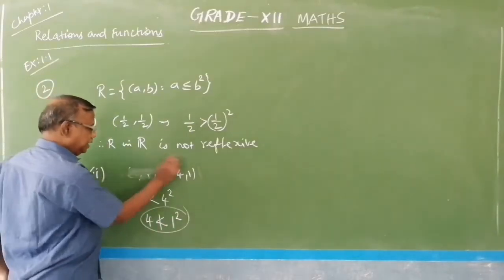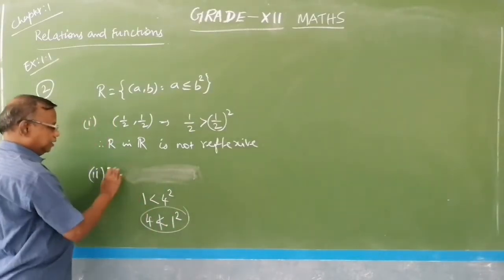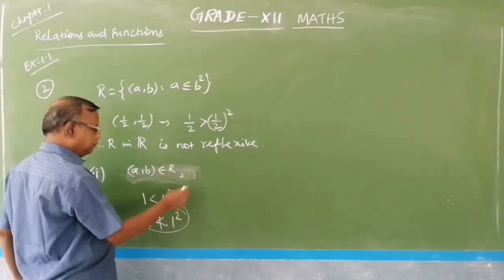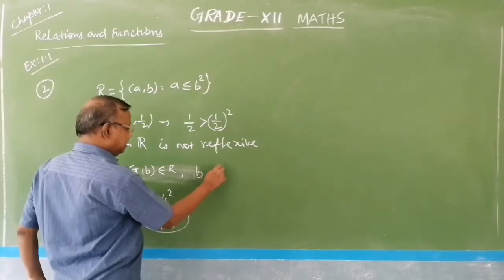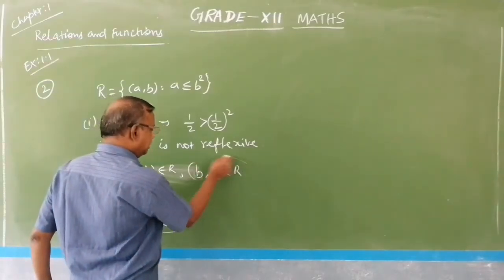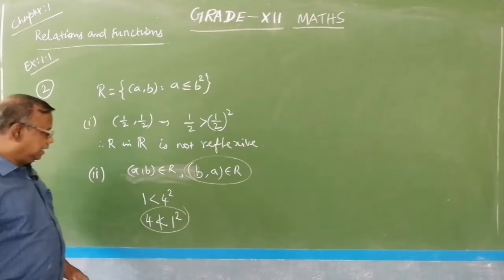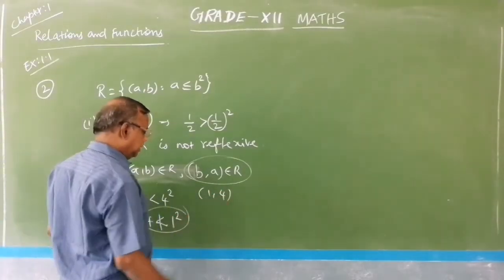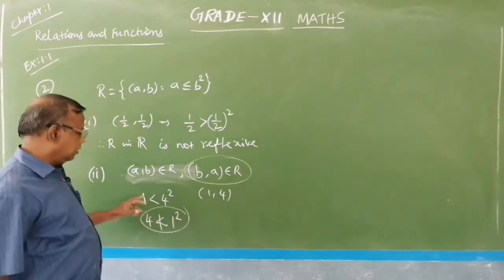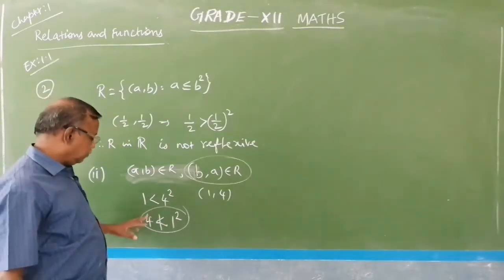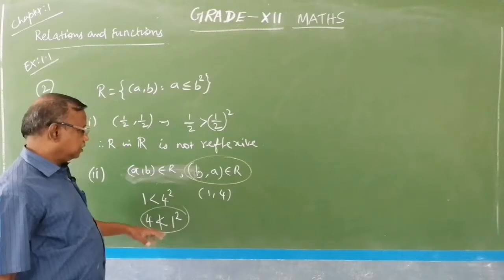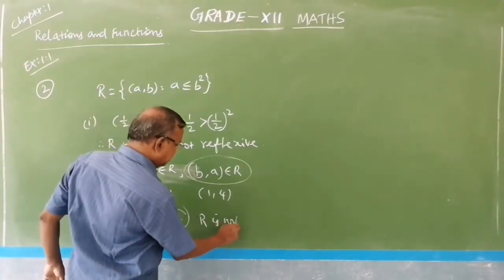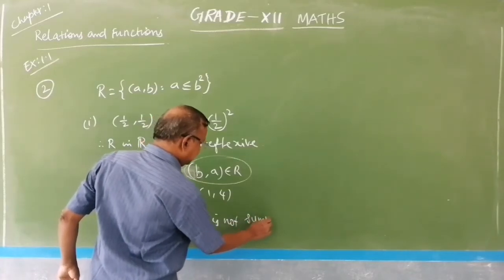If (a, b) belongs to R, we must have (b, a) belong to R for symmetric. But here, taking the element (1, 4), clearly 1 is less than or equal to 4 squared, but 4 is not less than or equal to 1 squared. Therefore the relation R is not symmetric.